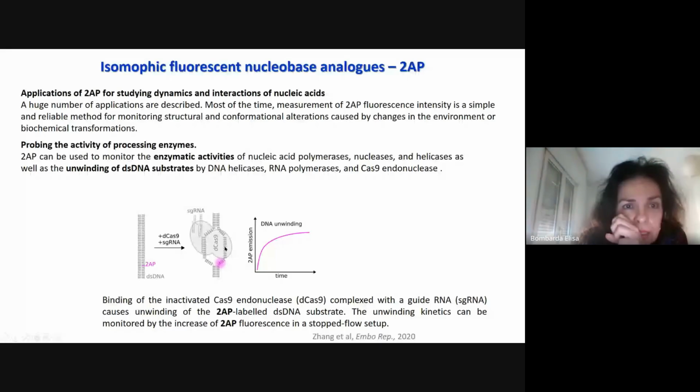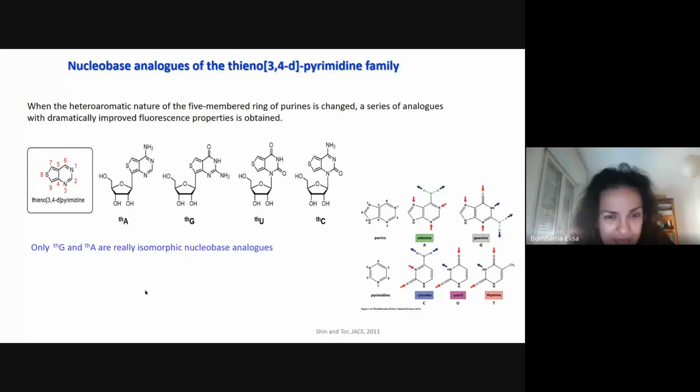And in particular, as I said, it's very good when we can study processes that lead to destabilization and the passing from, for example, a complete duplex to a single strand local structure, because that is where the signal of 2-aminopurine is very sensitive. It's very sensitive and can be more easily interpreted.